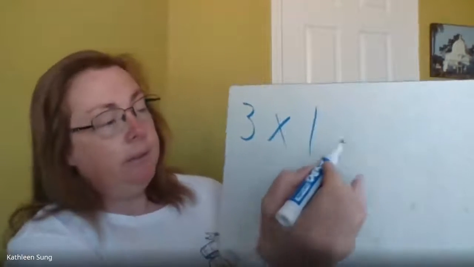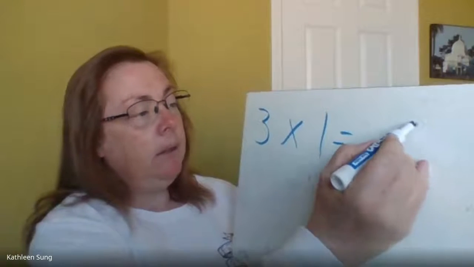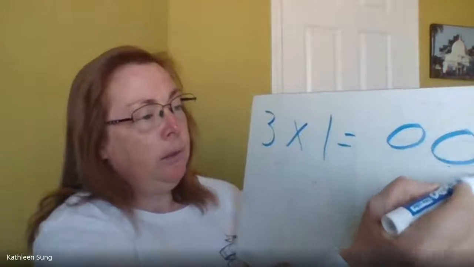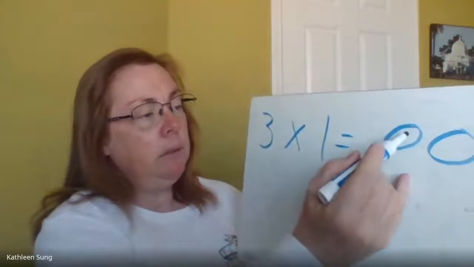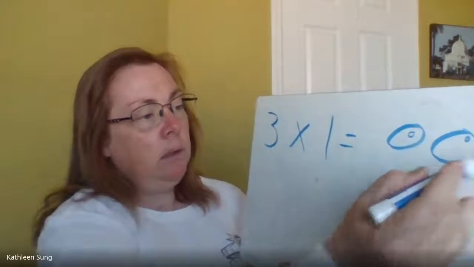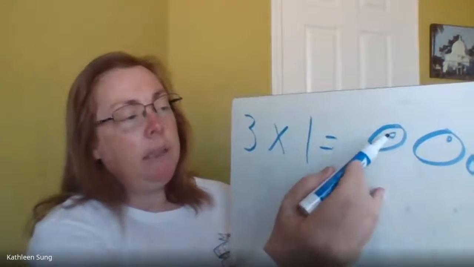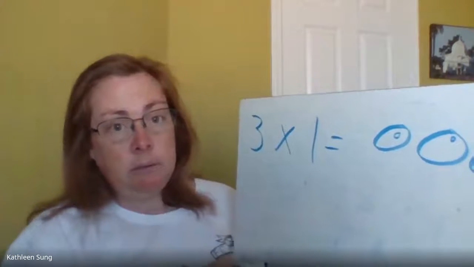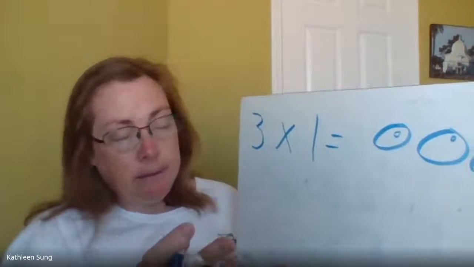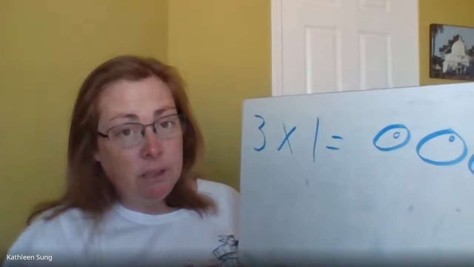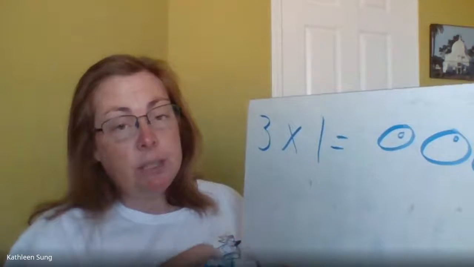If we have 1, 2, 3 plates with 1 cookie on each plate, I could say 1 plus 1 plus 1. But is that the most efficient way of solving it? No, multiplication is more efficient because it's less steps.